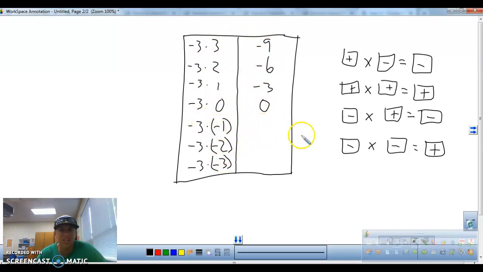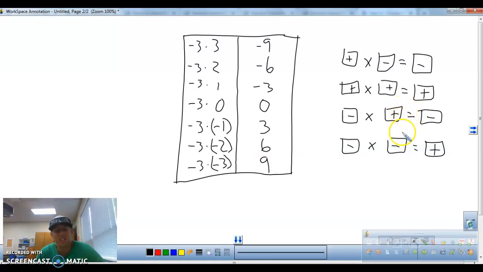Okay, so a negative times a negative, we said, is a positive. Well, this shows you why right here. Negative 3 times negative 1, it's got to be positive 3 following this pattern. So we got a pattern going here and a pattern going here. Okay, negative 3 times negative 2, that's going to get you positive 6 following this pattern. And then negative 3 times negative 3 is going to get you positive 9 following this pattern.